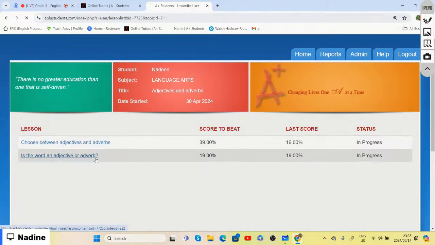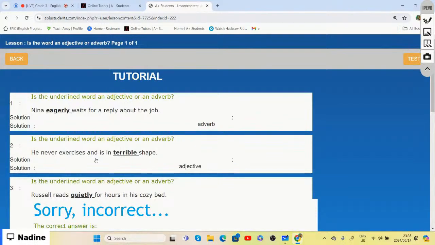So now we're going into the next lesson, which is whether the word is an adjective or an adverb. This is not us identifying whether it is an adjective or an adverb.